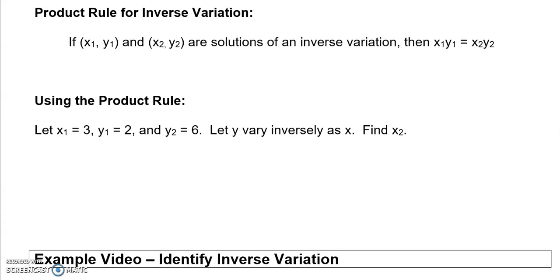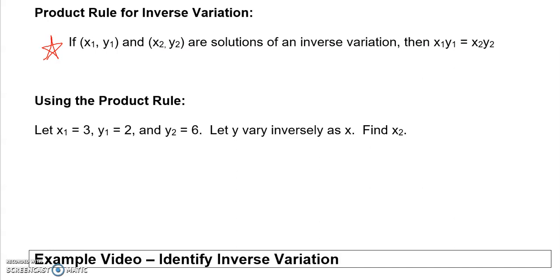Now, this is the product rule for inverse variation. It says, if (x1, y1) and (x2, y2) are solutions of an inverse variation, then x1 times y1 equals x2 times y2. We saw that earlier when we did our table, where we had the 1 times the 20, the 2 times the 10, and the 4 times the 5.